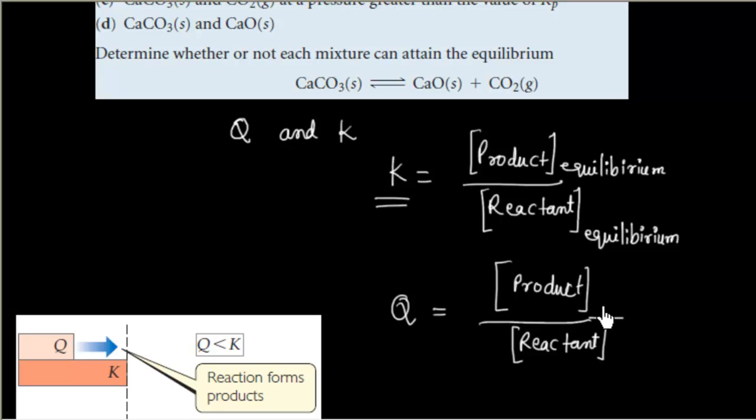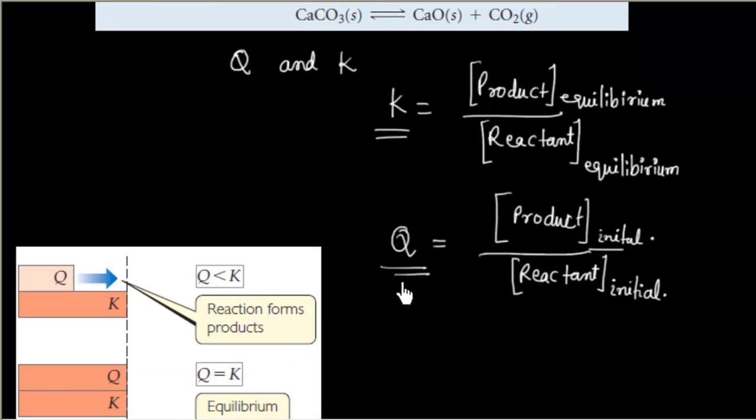It can be the initial time or a different time. Generally, let us say initial. So we are interested in the initial concentration of product and the initial concentration of reactant, and this is called Q, or the reaction quotient.